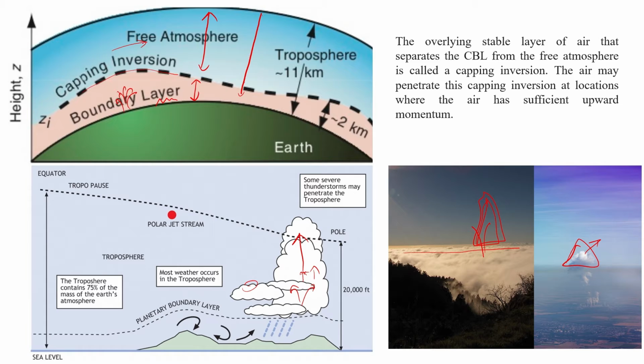Above that is the free atmosphere, which is undisturbed flow, and in between there is a capping inversion. Capping inversion means the temperature inversion. So this is just an initial idea.